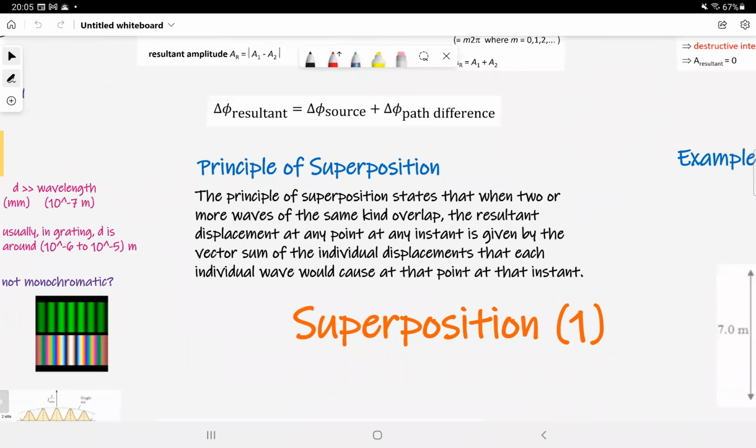Okay, let's start. Superposition, right? This topic is difficult for many reasons. I think most of all, it is very hard to visualize. Because waves most of the time can't be seen, except when you are talking about water waves in a ripple tank. It's straightforward and you can see it. But in the case of light waves and sound waves, we don't see them.